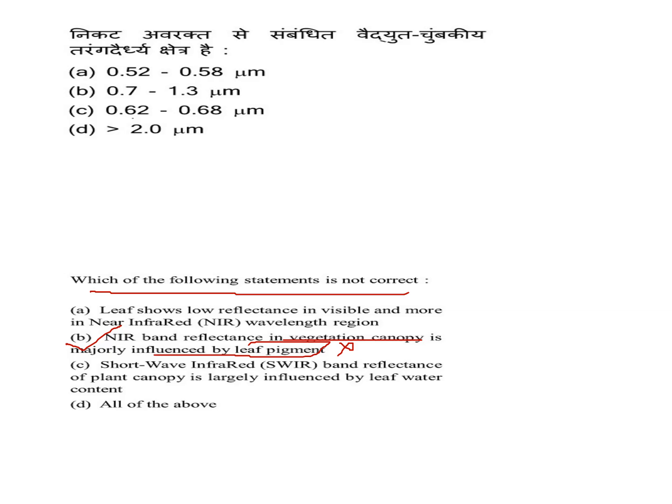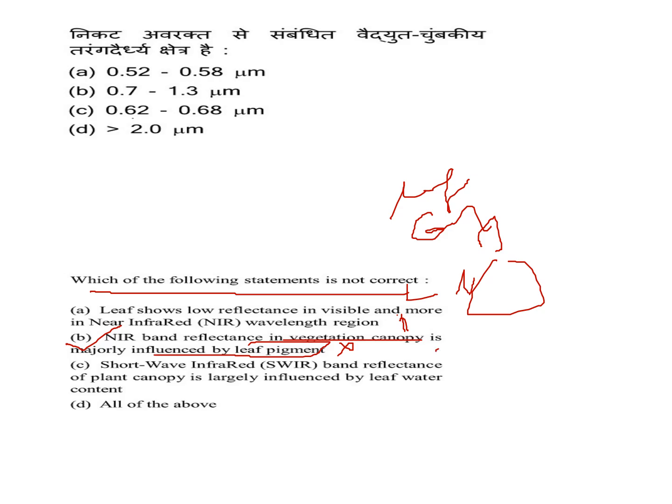This is not correct. Actually, NIR reflectance is primarily influenced by internal cellular structure of a plant cell, spongy tissue or mesophyll tissue, and also canopy architecture, not by leaf pigments like chlorophyll and carotenoids.